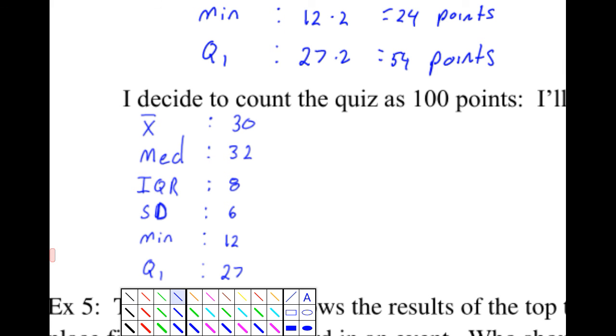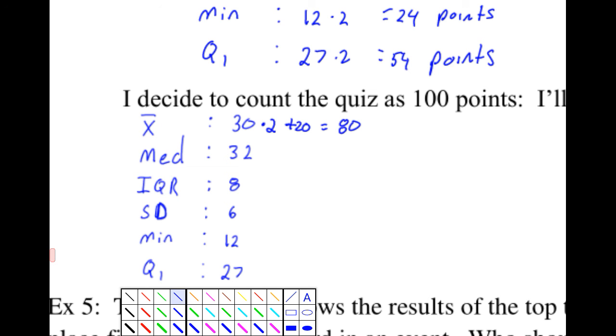Okay, so I'm going to double the mean. And then I'm going to add 20 points. So we get a score of 80. So this curve brings that mean score of 30, which would really be a 60 out of 100, up to 80 points out of 100.